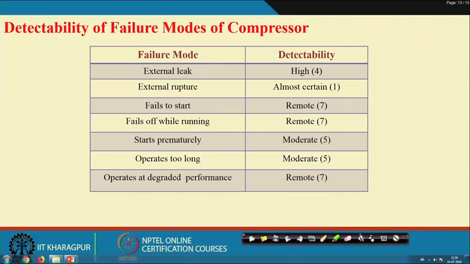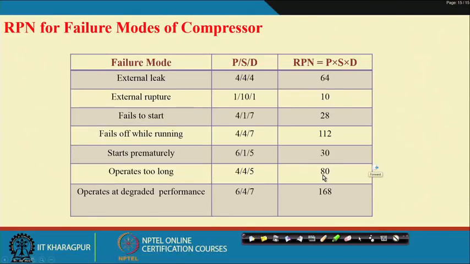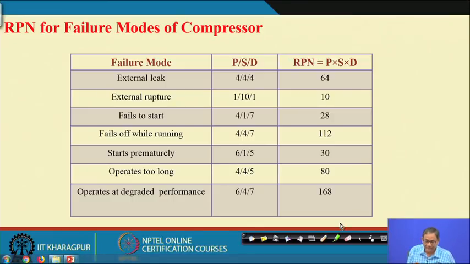So, what happened? It simply shows that P, S and D are known now. What is P? P is probability, severity, detectability now known. Now, what do you require? You require to compute RPN. What is RPN? RPN is probability times severity times detectability.